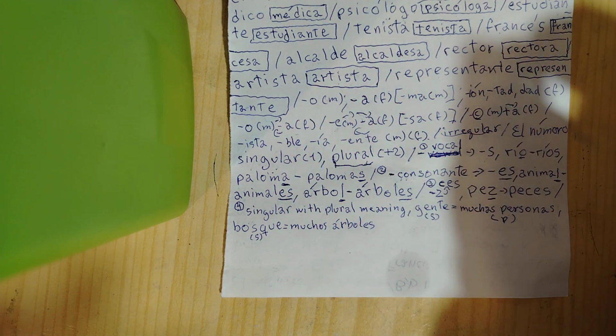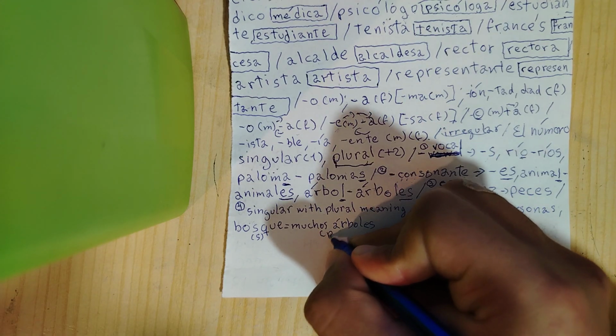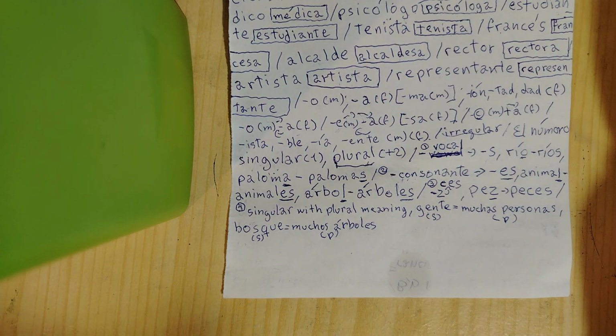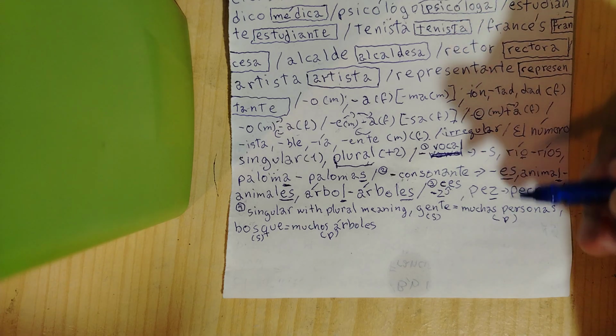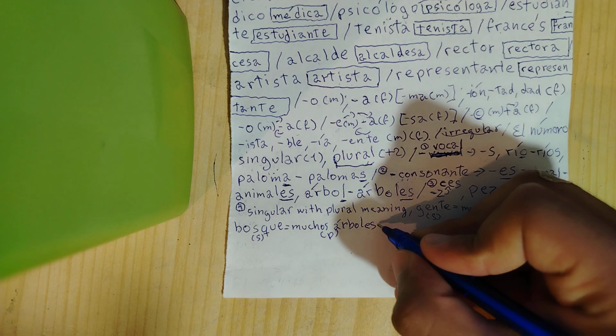We are going to put it here, plural, right? So the word seems to be singular, but the meaning is plural. Yeah, so there are some nouns like that. All right, next.